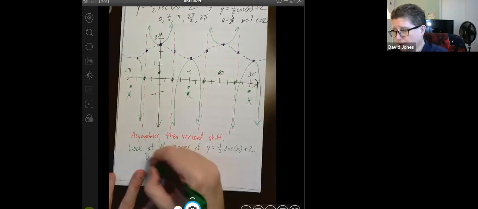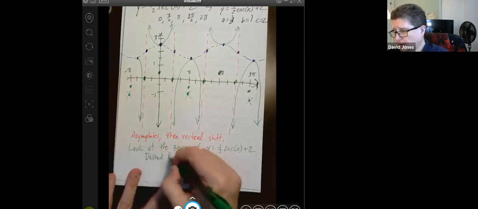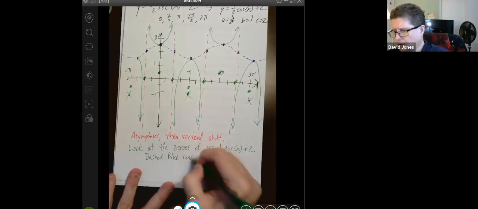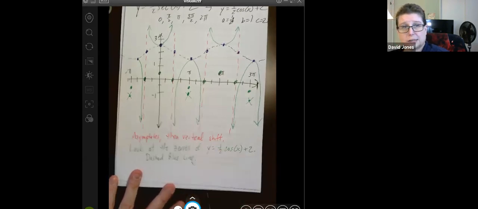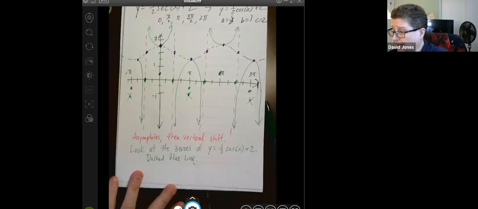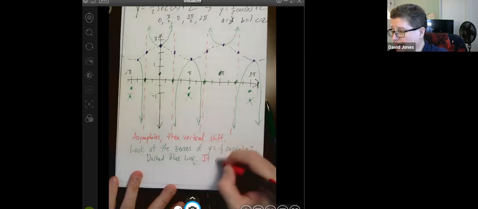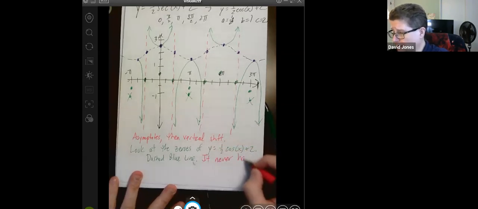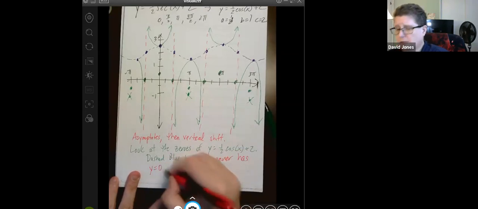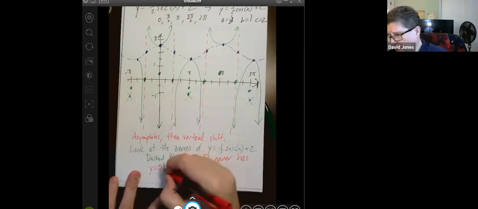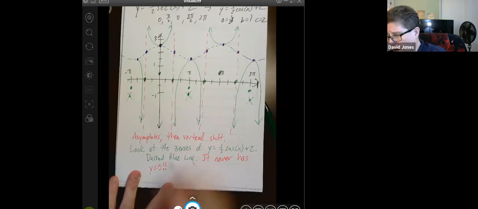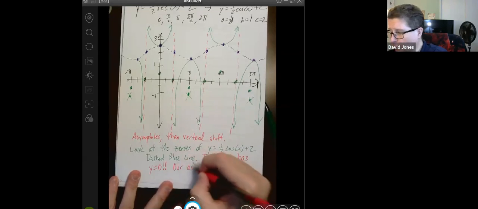The dashed blue line. What do you notice? It never has y equals 0. Our asymptotes go at y equals 0.